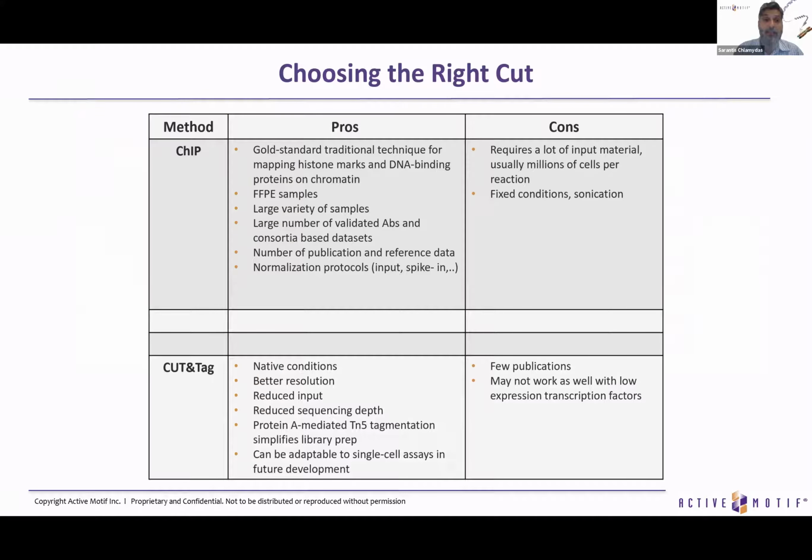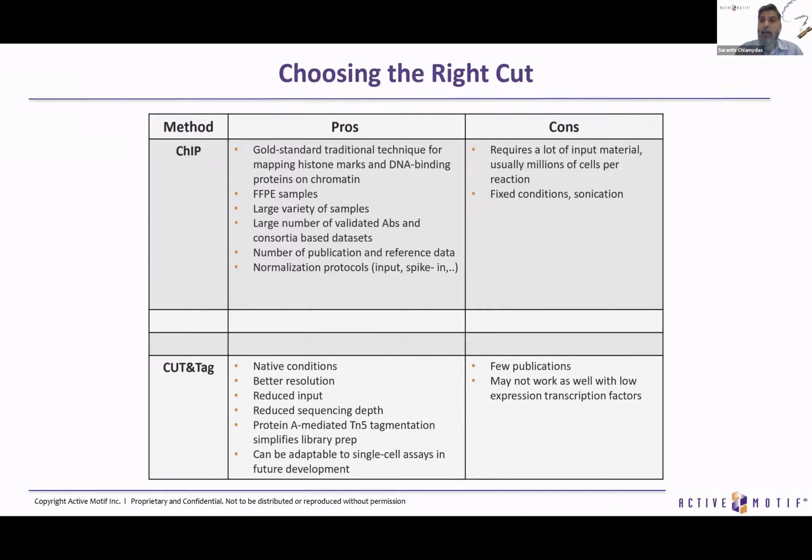The number of publications and reference data is super high. And of course, there are normalization protocols like spike-in to make it as quantifiable as possible. As cons, we require a lot of input material, and there are fixation conditions and sonication that may create problems for certain antibodies.